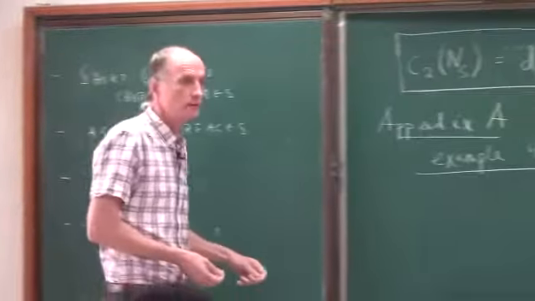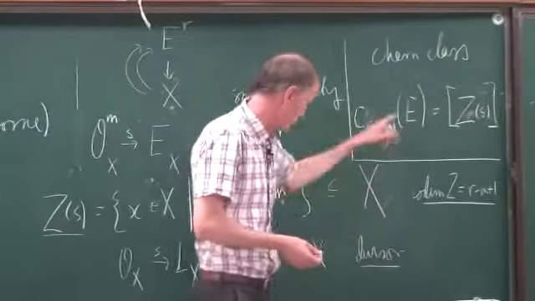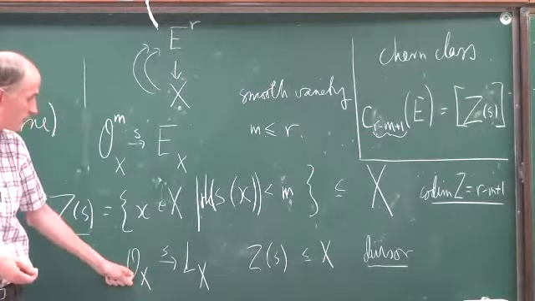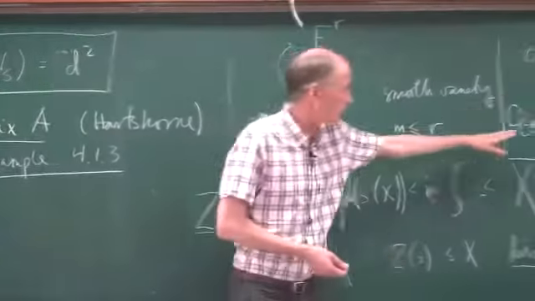But this is how I think of Chern classes as giving me something geometric. The general case, the line bundle case that you know is this case, and for higher rank you get the different Chern classes this way.